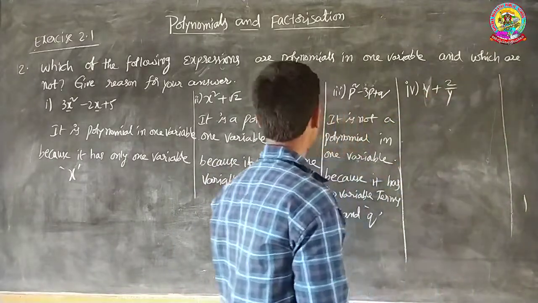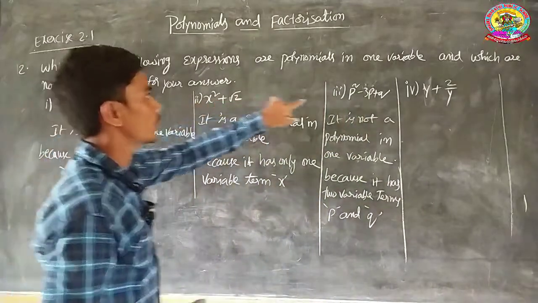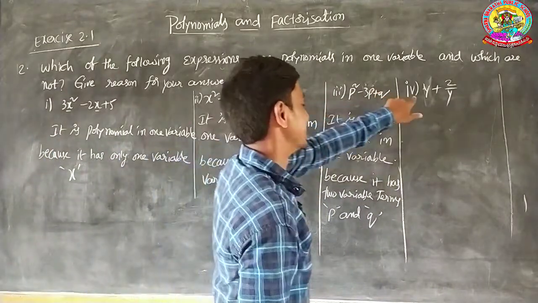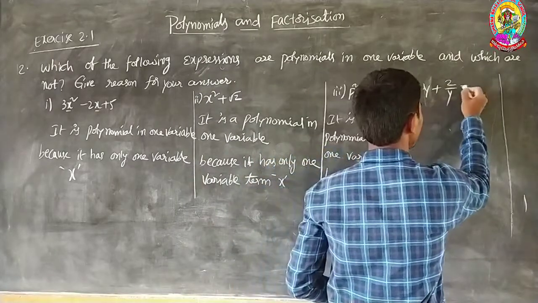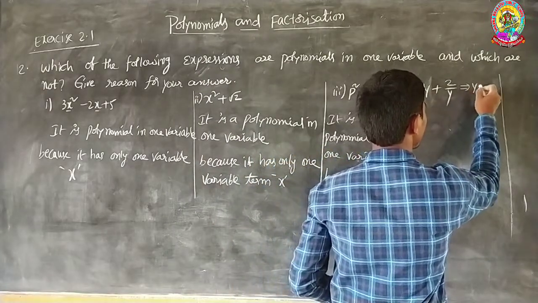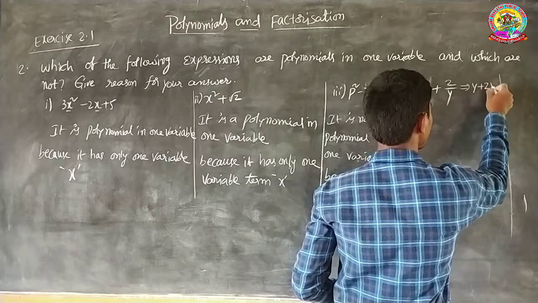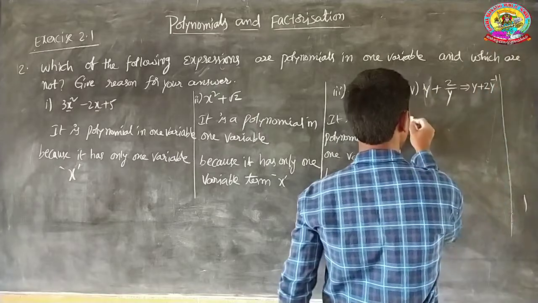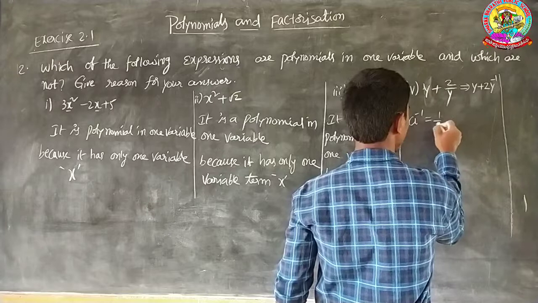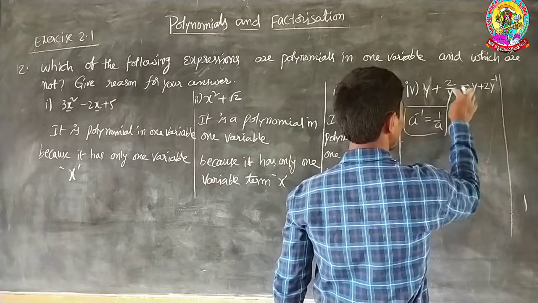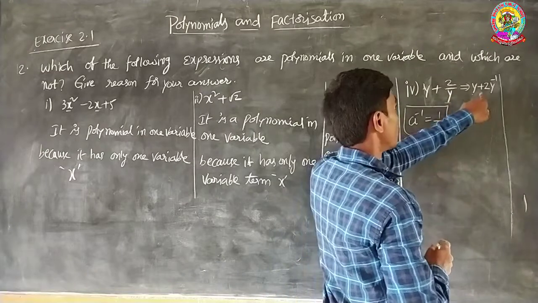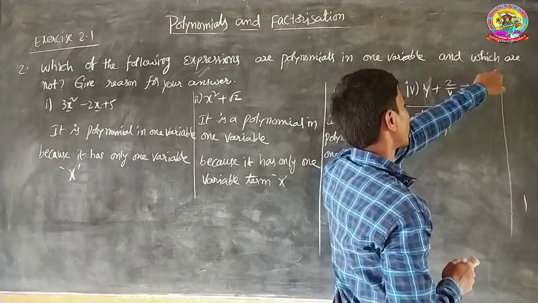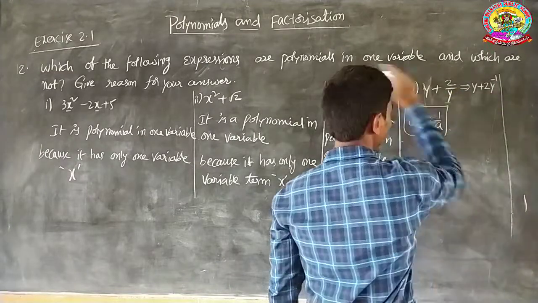Next one, y plus 2 by y. Observe, here all the others are polynomials. This is not a polynomial, because if you write this, it should be y plus 2 into y power minus 1, because a power minus 1 is equal to 1 by a. The variable term is under the denominator, so it is not a polynomial.